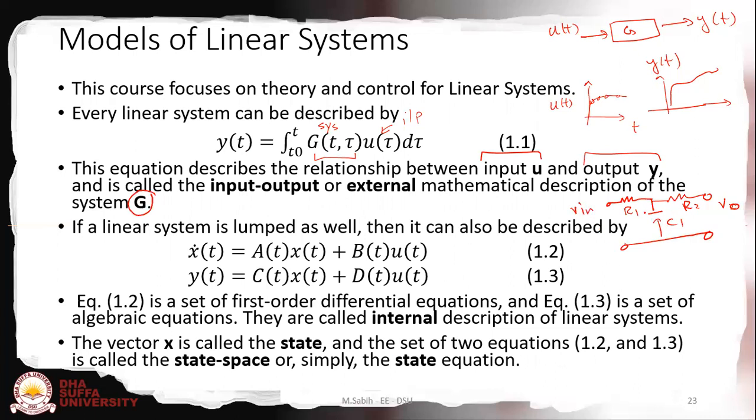If we have, say, two resistors and a capacitor, a finite number of components, then we can say what the voltage will be here, what the current through this one will be, and what the voltage across this will be. So this is called a lumped system.